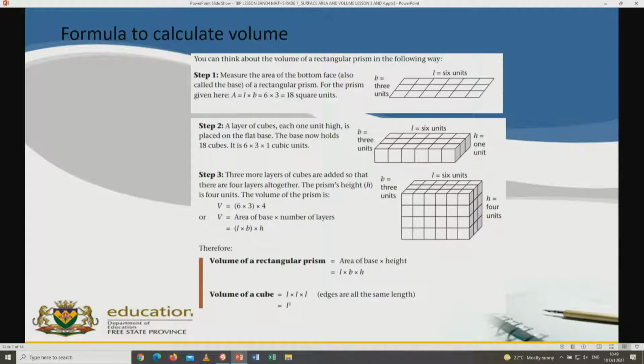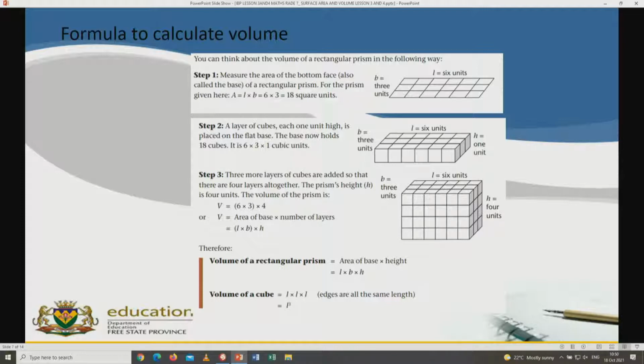The length has got how many units? In this case, it is 6. And what about the breadth? It is 3 units. Then we multiply 6 by 3. What is 6 times 3? It is 18. But it is 18 what? It is 18 square units.